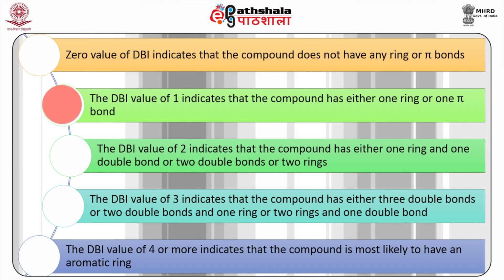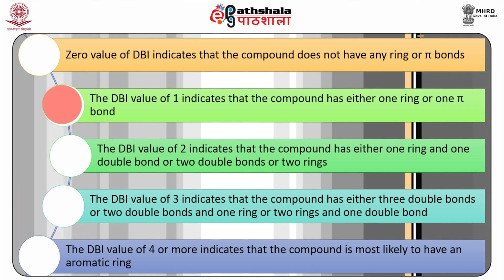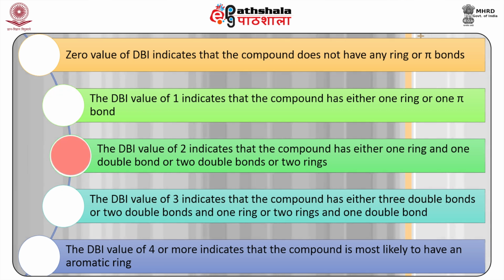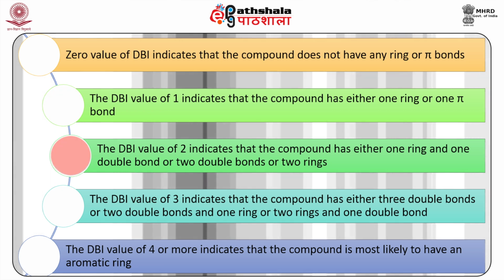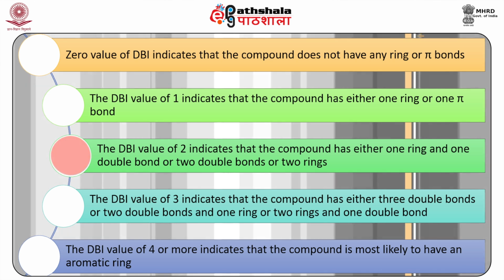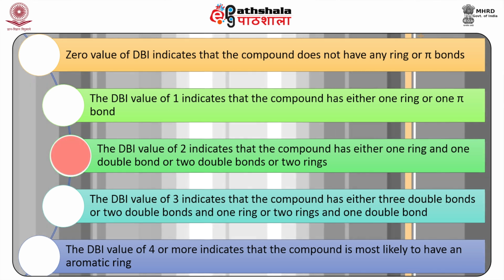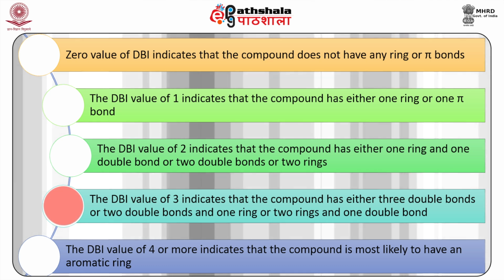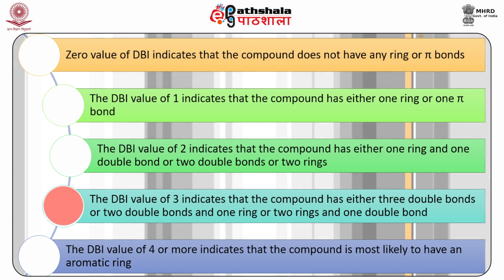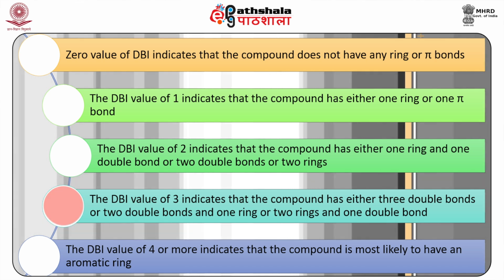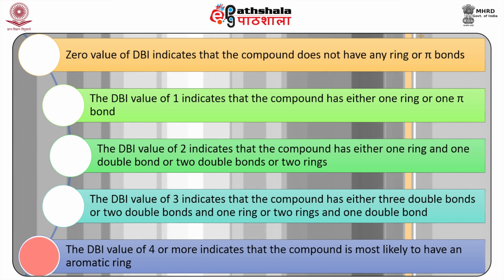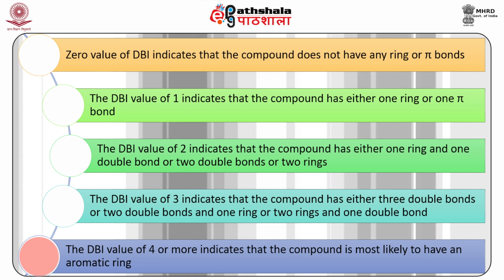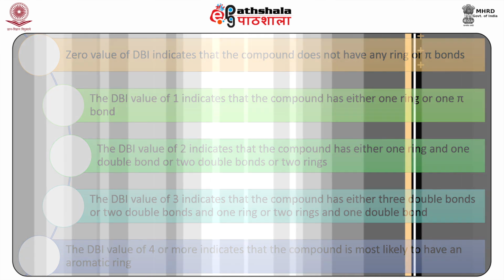The DBE value of 1 indicates that the compound has either one ring or one pi bond. The DBE value of 2 indicates that the compound has either one ring or one double bond, or two double bonds or two rings. The DBE value of 3 indicates that the compound has three double bonds or two double bonds and one ring, or two rings and one double bond. The DBE value of 4 or more indicates that the compound is most likely to have an aromatic ring.